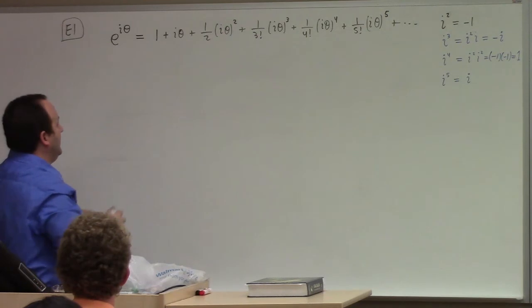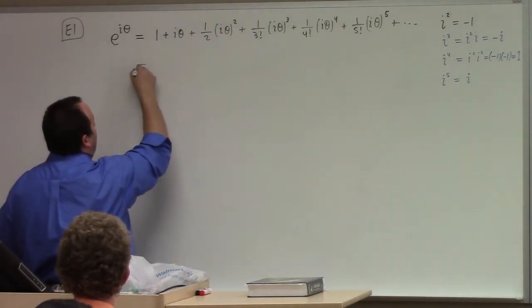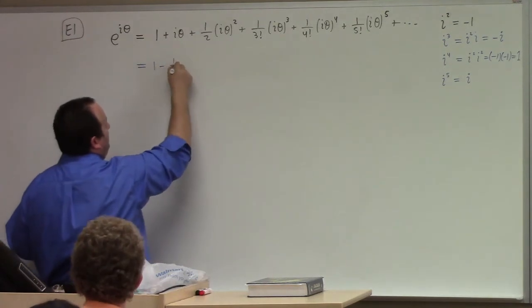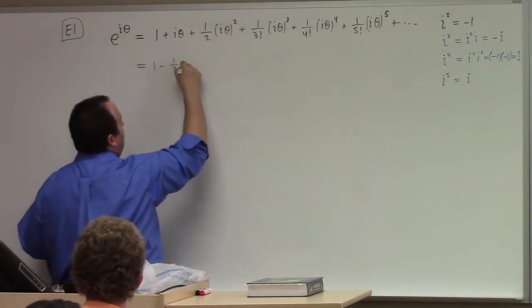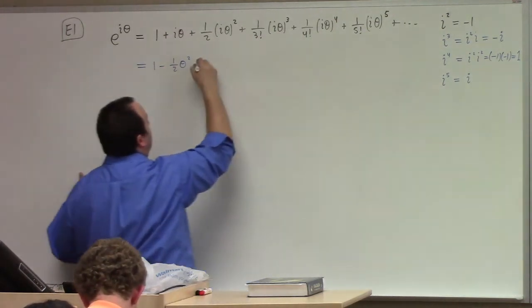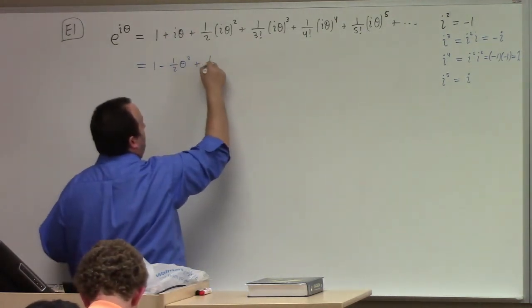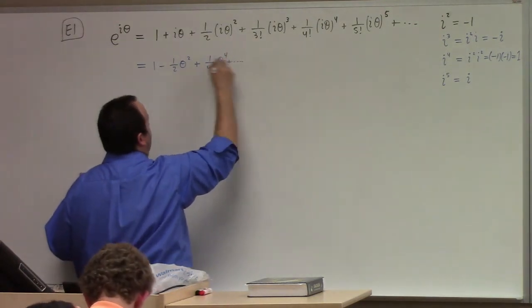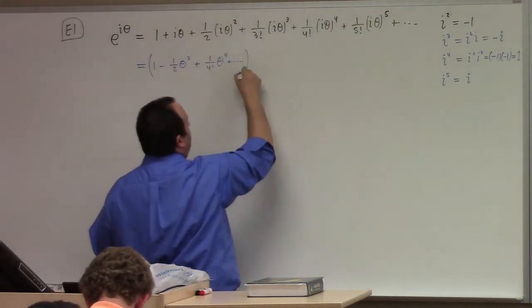So we can simplify the power series for e to the i theta, and what we get is 1, minus 1/2 theta squared, and then i to the 4th is plus 1, so plus 1 over 4 factorial theta to the 4th, and so on. That's the real part.